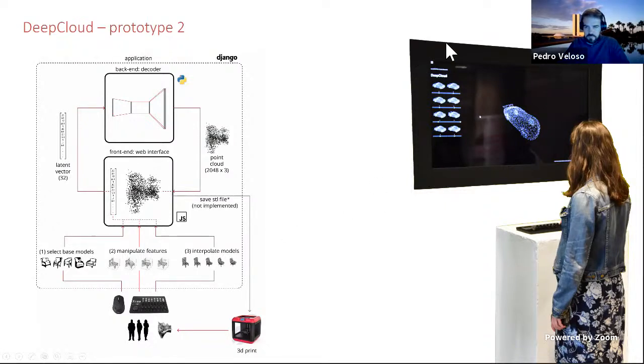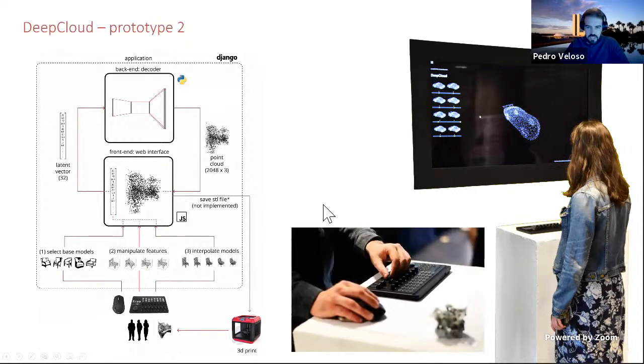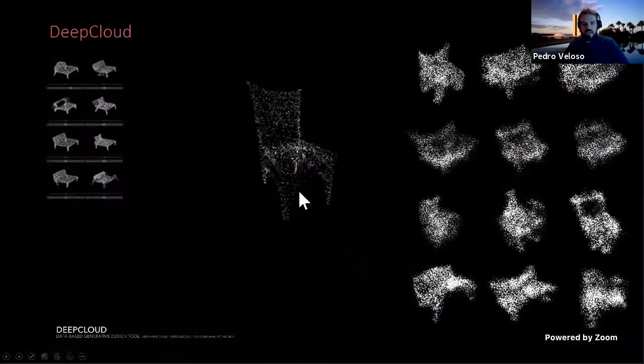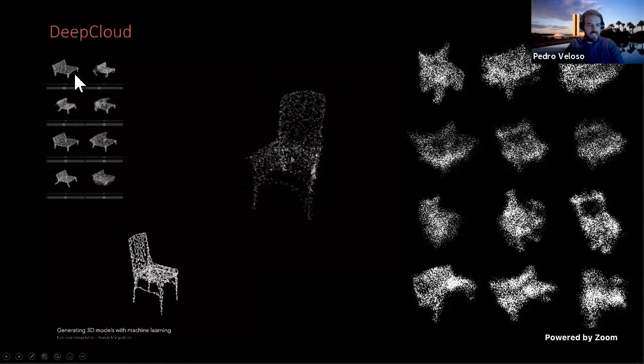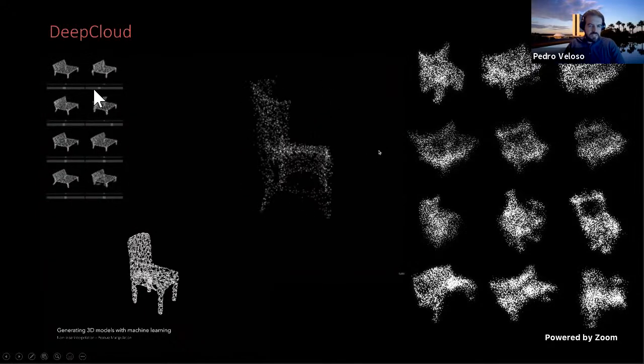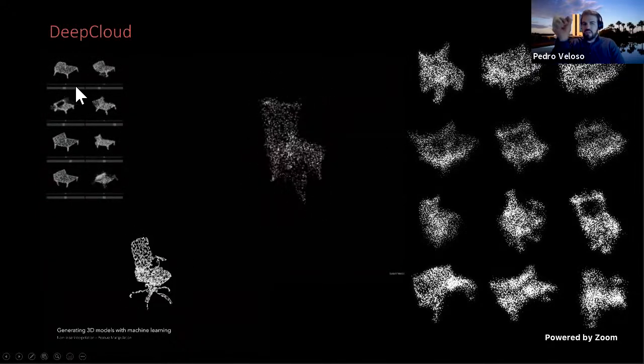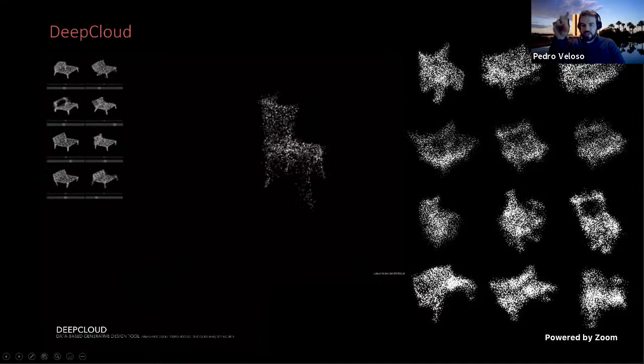This is the first time the project was exhibited. We had this screen, and we had the mixer and the mouse here, and you could interact. Here it is in detail. We also printed some of the chairs or objects generated there. And here's what you see on our screen. We created a menu, and each of these sliders represents one of the numbers of that vector.